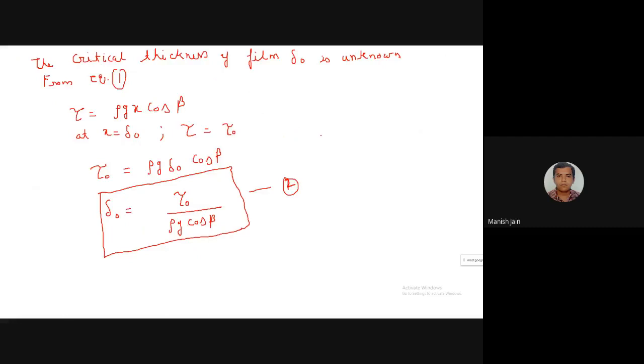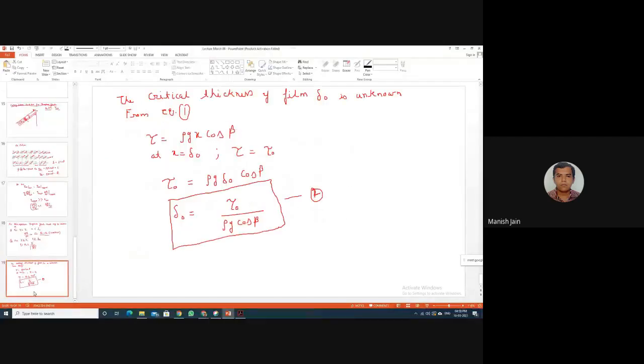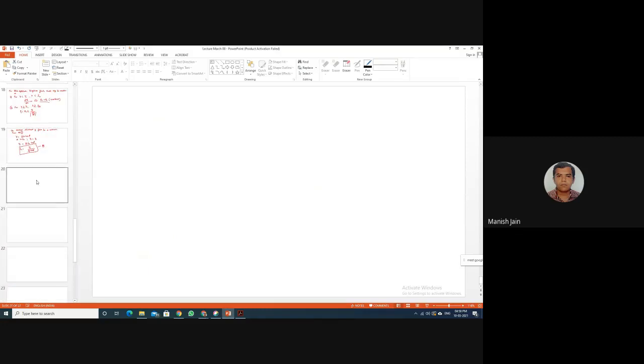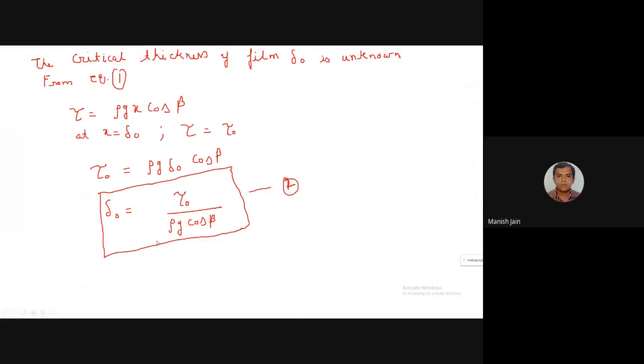Now we have to solve the equation for the second region. Okay, so the second region is when x is greater than del naught. Okay, so we will solve for the second region.